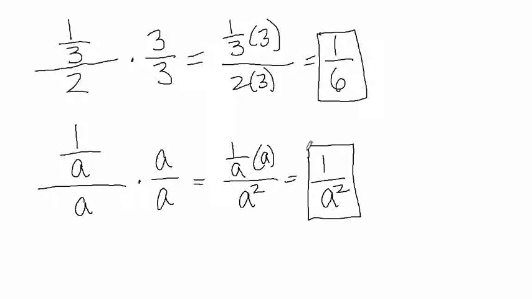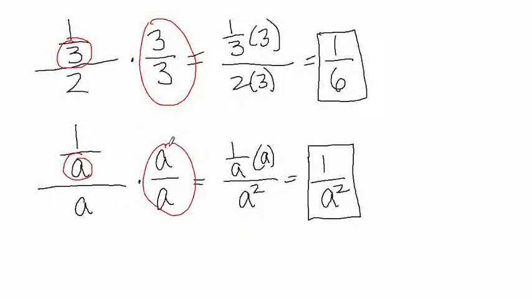For the first example that I did, the only denominator was 3. So that was the least common denominator. Therefore, I multiplied by 3/3. For the second example, the only denominator was a, so I multiplied by a/a.